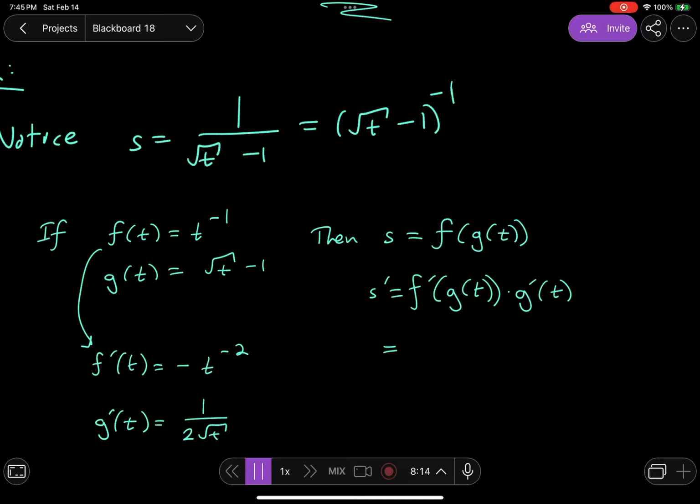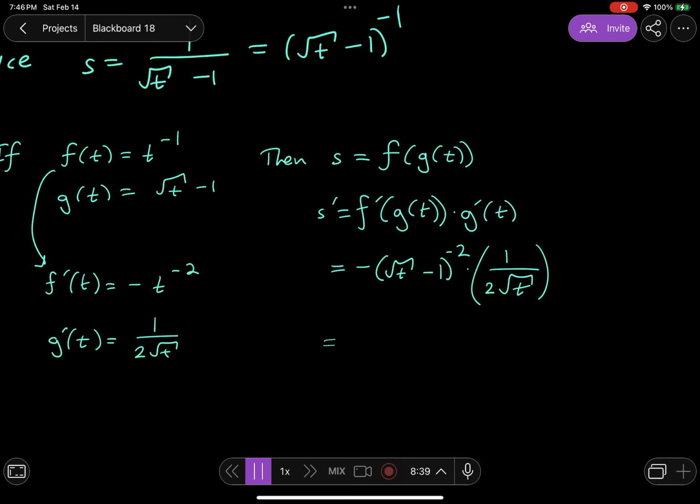So just plugging things in, I need to look at f prime of t right here and plug in g of t. That's what this first piece is. So that's going to look like this. Negative g of t to the negative 2, but g of t is the square root of t minus 1, to the negative 2, times g prime of t, that's 1 over 2 root t.